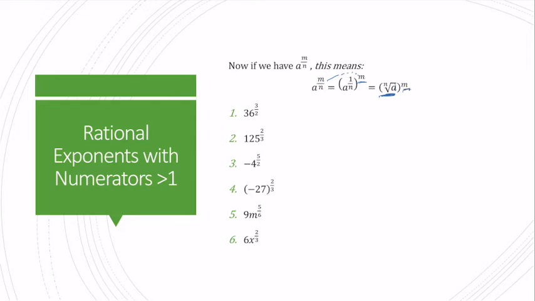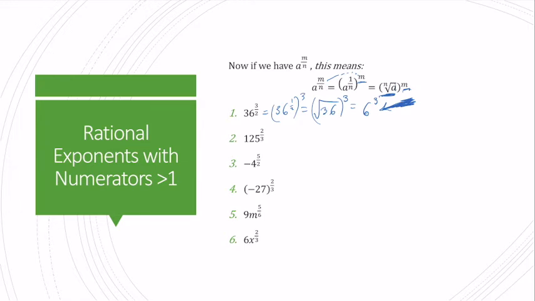So here I'd have 36 to the 1/2 cubed, which is the square root of 36 cubed, which would give me 6 cubed. Now, I'm not going to expand that one out because I don't know that off the top of my head. On exam, don't feel like you have to plug this into your calculator and write this as a real number. 6 cubed is equivalent to whatever it is when you plug it into your calculator.